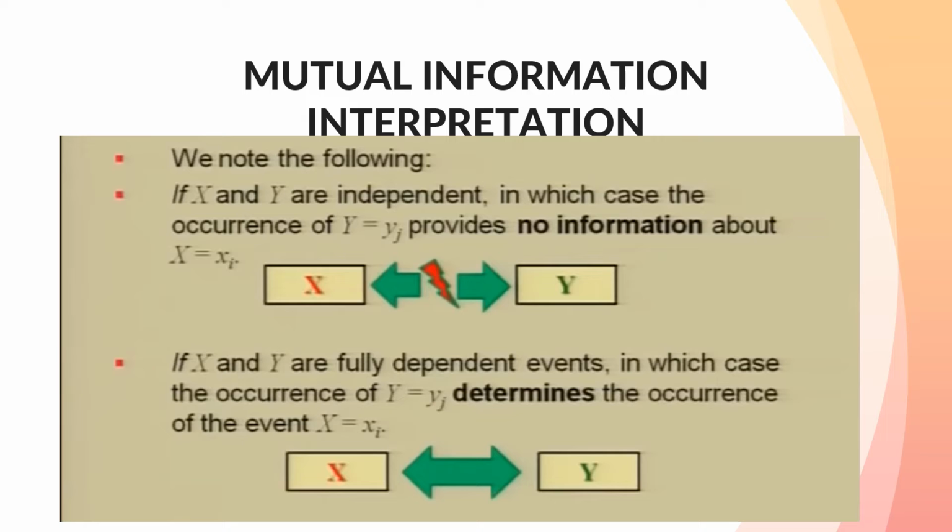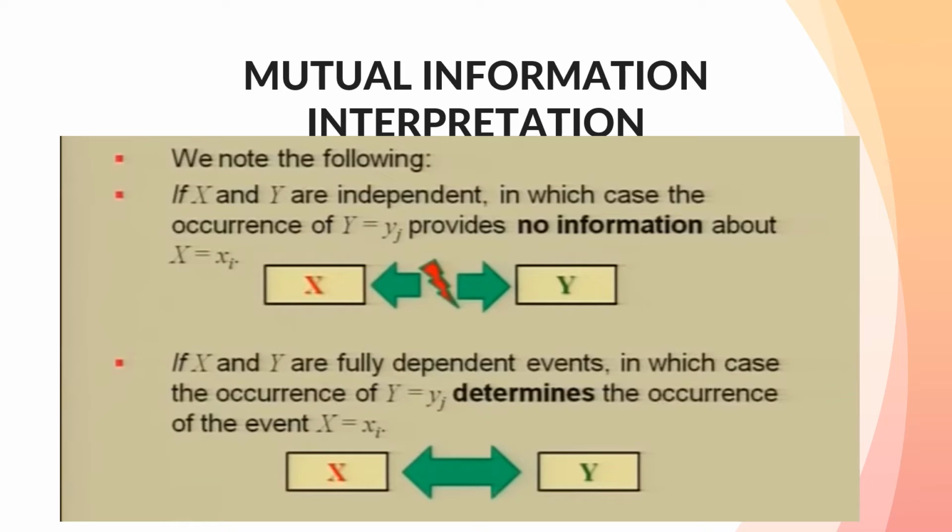In order to define mutual information, consider whether X and Y are independent. We have already seen that mutual information means one event is given and we are finding out the other one. If they are totally independent, then I cannot find out Y given X, and the other way also, I cannot find out X given Y. So there is no mutual information between X and Y if they are independent.